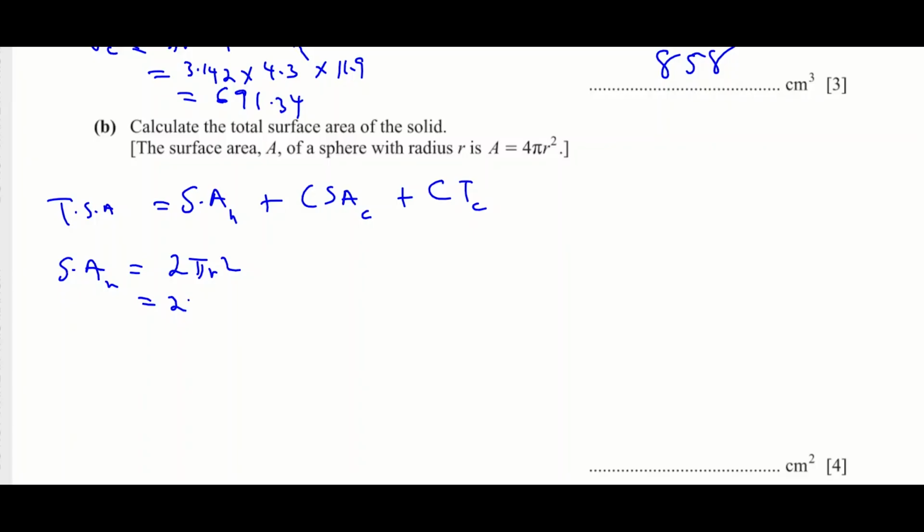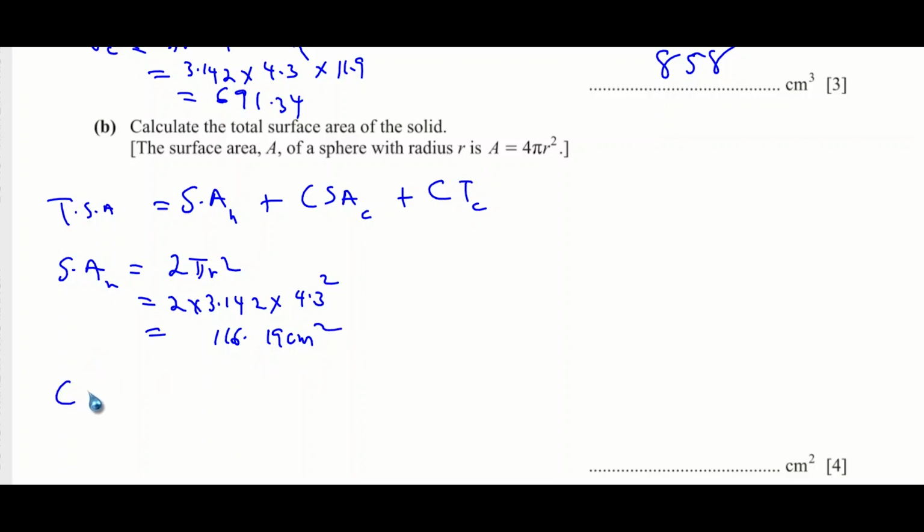So this will be equal to 2 times 3.142 times the radius, which is 4.3, squared. If you insert this into your calculator, you should get 116.19 centimeters squared.